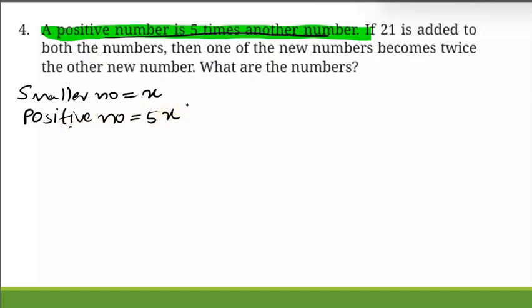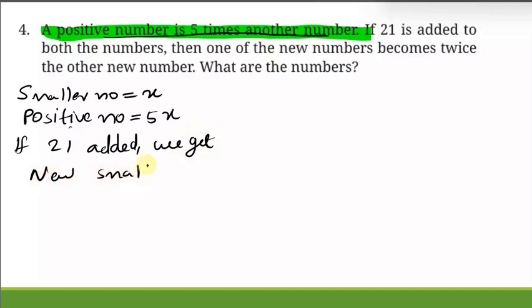If 21 is added to both of the numbers, then one of the new numbers becomes twice the other new number. Now we will take the second condition. If 21 is added, the new smaller number becomes x plus 21, right?